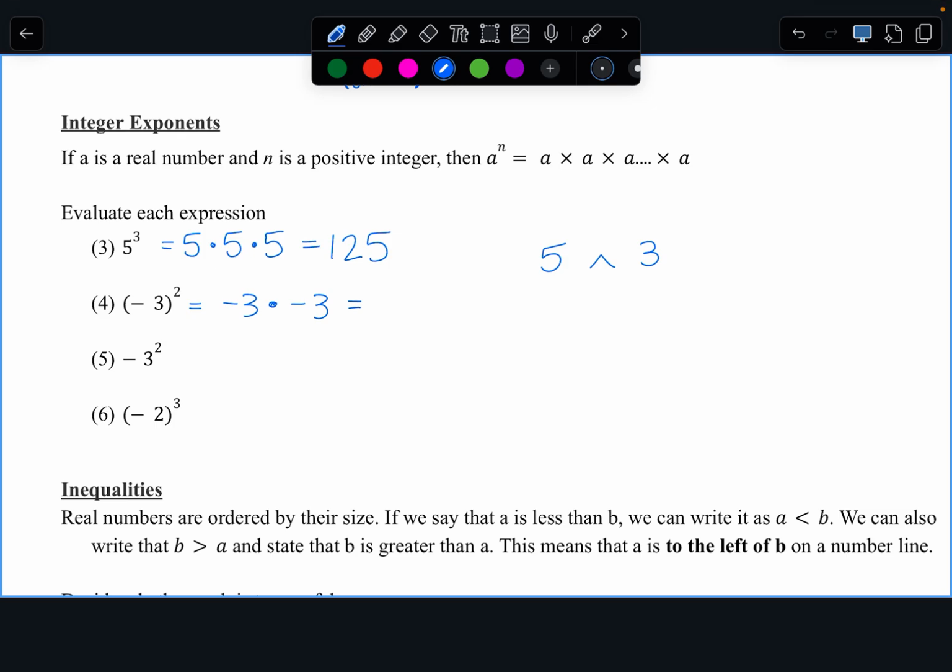A negative times a negative is a positive. So what's -3 times -3? 9. Positive 9. So when you put this in a calculator, you need those parentheses. Because without the parentheses, like number 5, it's saying the opposite of 3 to the second.